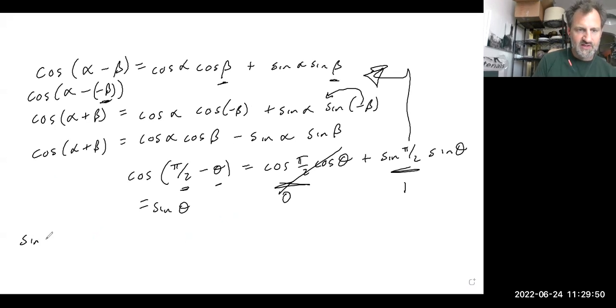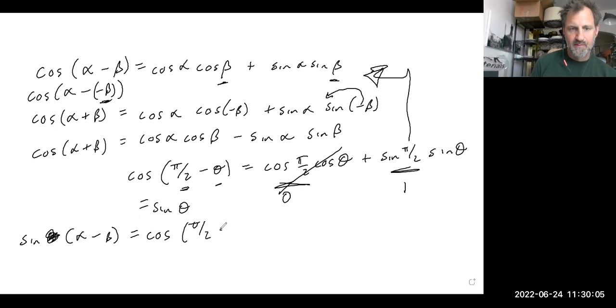If I want to know the sine of theta or the sine of alpha, let's say minus beta, then I can think about that as the cosine of pi halves minus alpha minus beta.